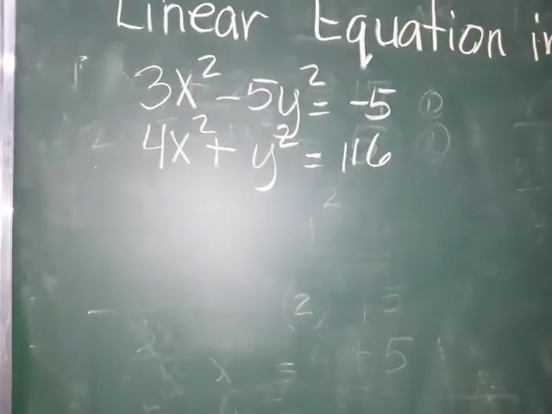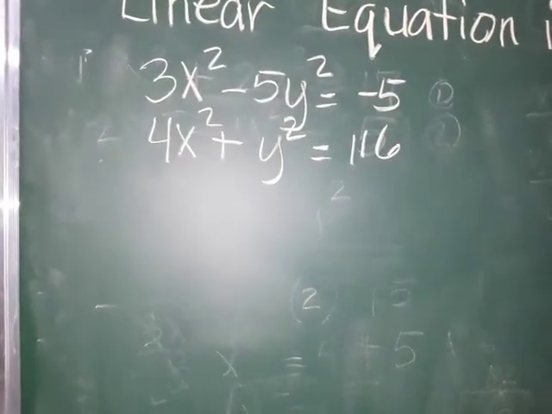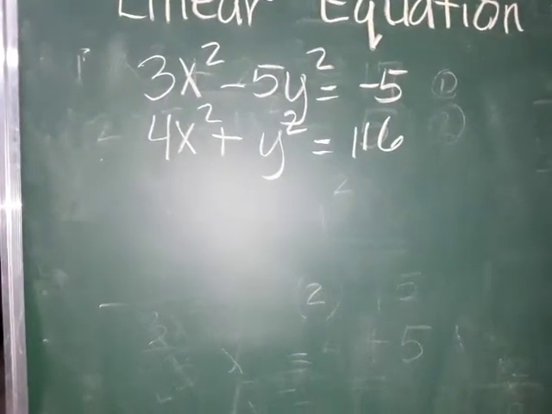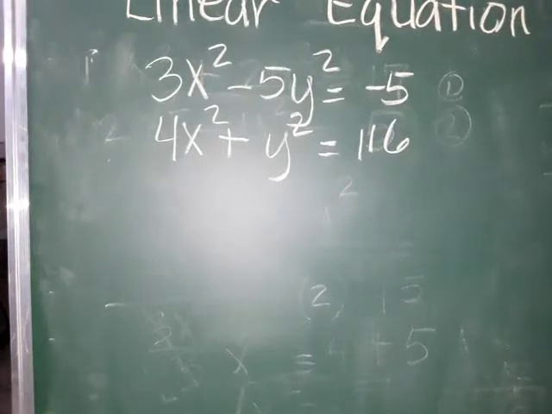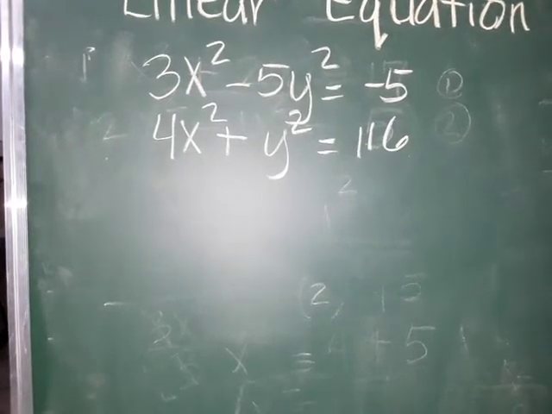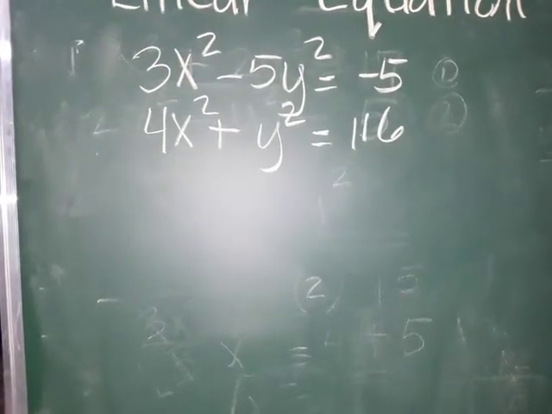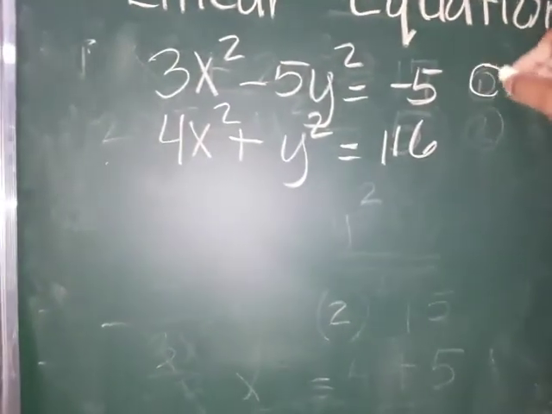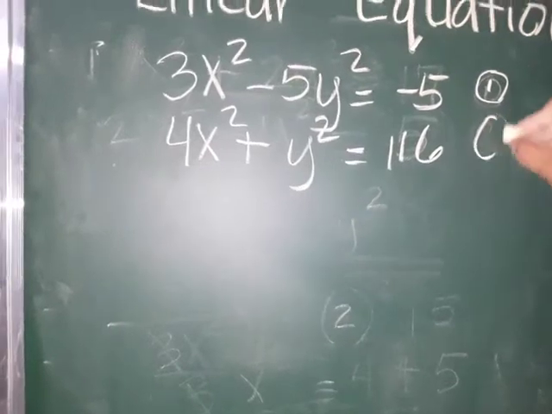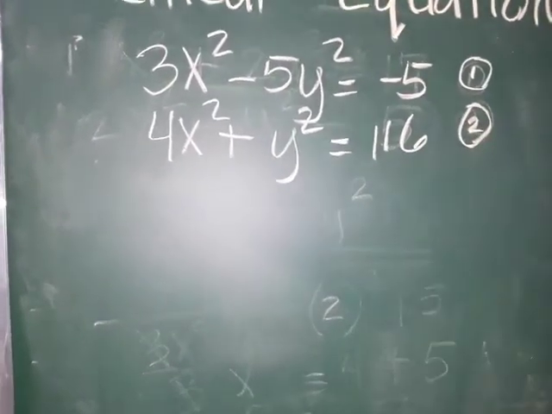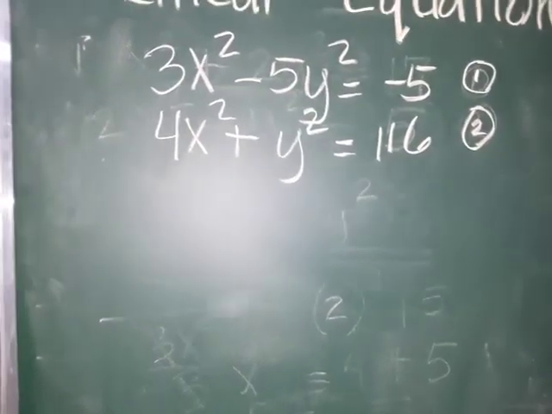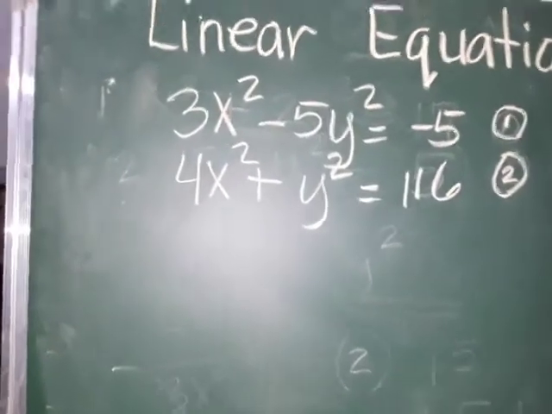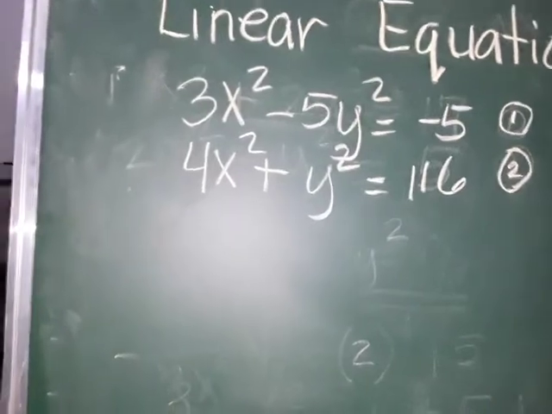Okay, example number 2, we have 3x squared minus 5y squared is equal to negative 5, and 4x squared plus y squared is equal to 116. So let this one be equation 1 and this will be our equation 2. Okay, so let's look for the number that is easy to eliminate, mas madaling i-cancel.